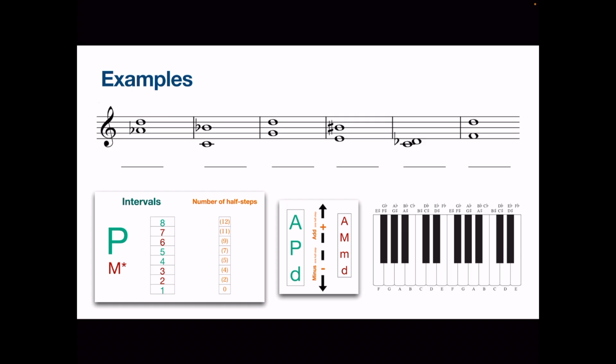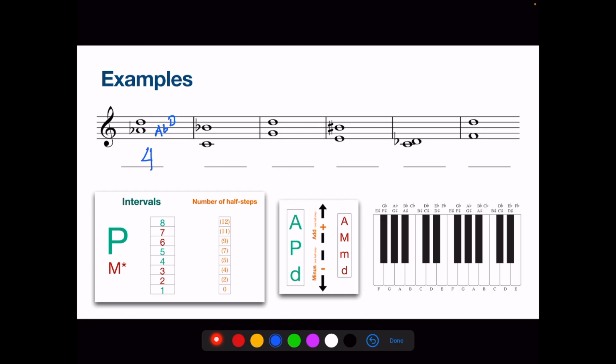All right, now we're going to actually look at some examples. What we have here first is an A flat, and then the top one is a D. So from A to D: A, B, C, D, 1, 2, 3, 4. That means we have a distance of a fourth. Remember, this is always going to be your first step.